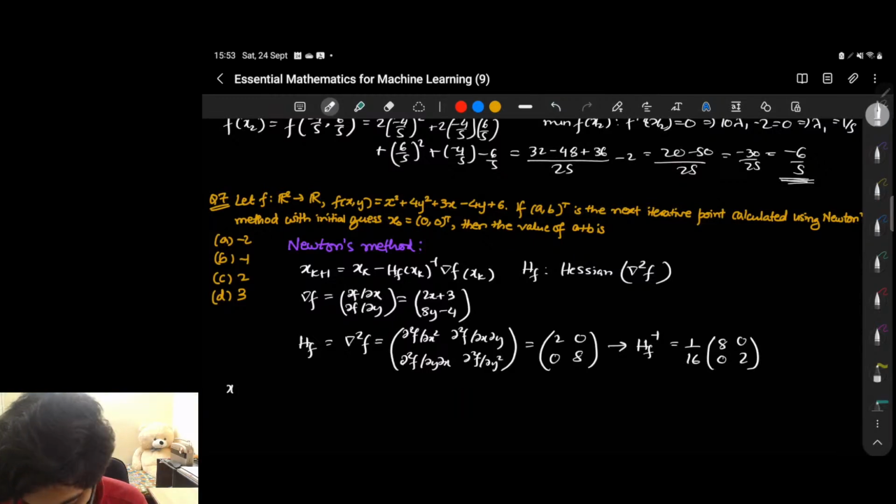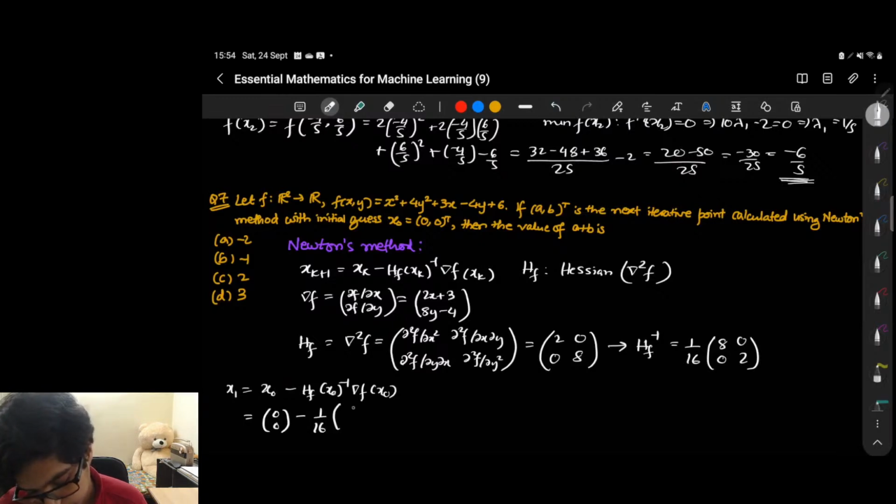So we have x1 equal to x0 minus Hessian matrix at x0 inverse times gradient at x0. So x0 is 0, 0. Hessian matrix inverse is the following, independent of the coordinate x0, and gradient of f at x0 is 3 and -4.